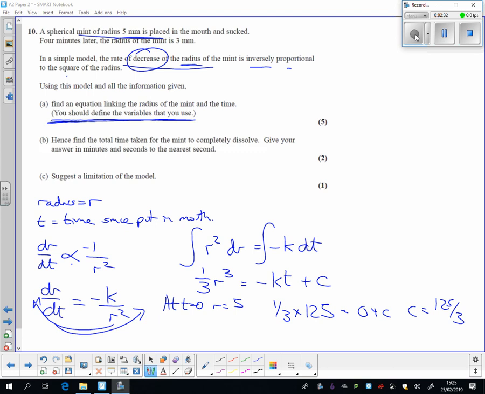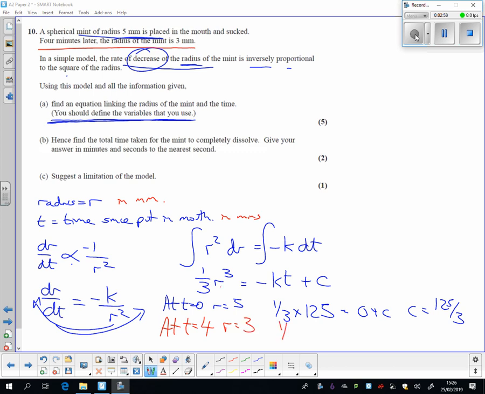Read the next bit. It says 4 minutes later, it's at 3. So at t equals 4, should we change that? Time since in mouth in minutes and radius in millimeters. Let's add that in there as well. So the radius is equal to 3. So we'll put this in here.